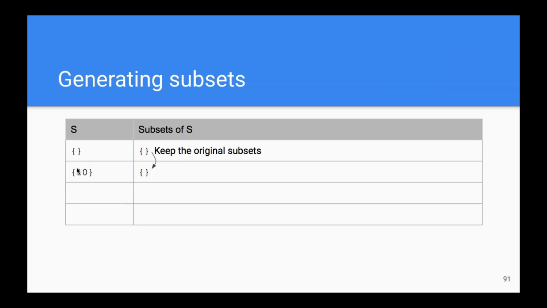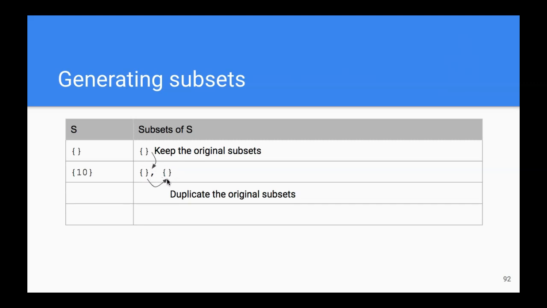Now, S has one more item in it, the number 10. What the previous algorithm tells us to do is this: one of the subsets is indeed still the original empty subset from the previous S. Now, we should also duplicate the original subsets.